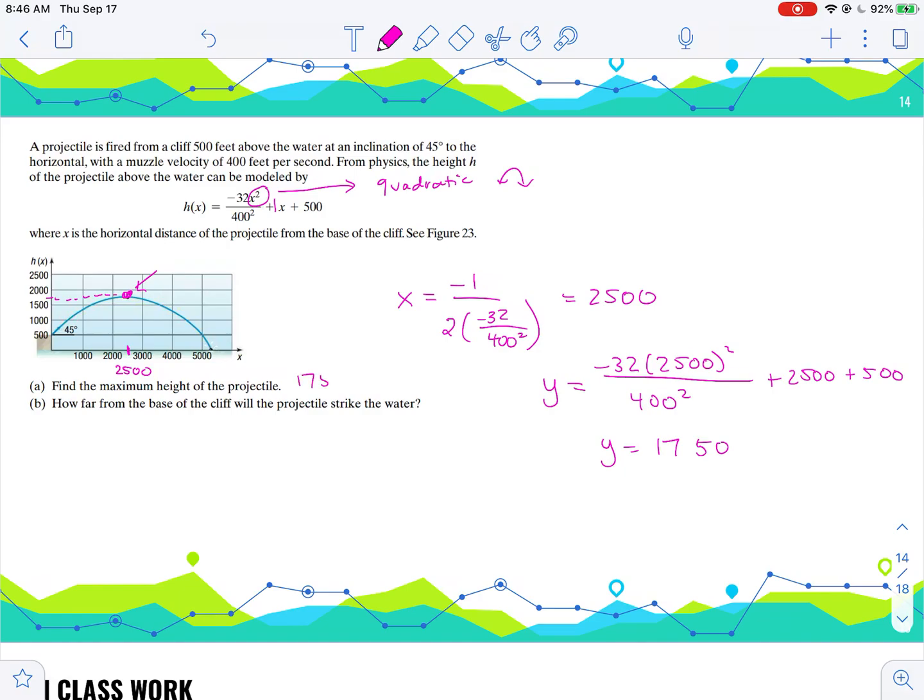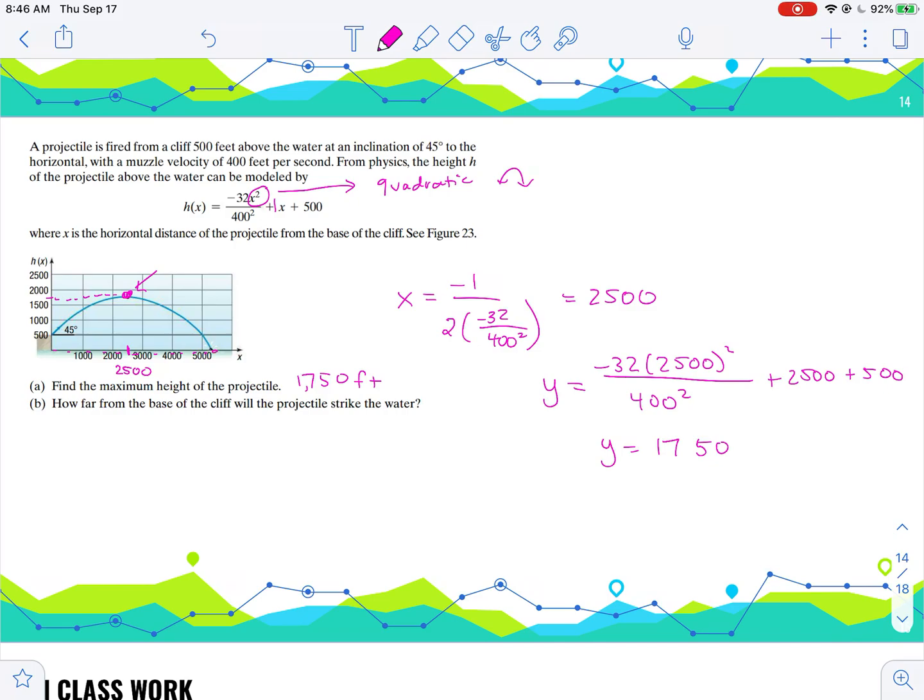And again, based on the graph, that looks good. So the maximum height that the projectile will reach is 1,750, and we are in feet. So 1,750 feet would be the maximum height.